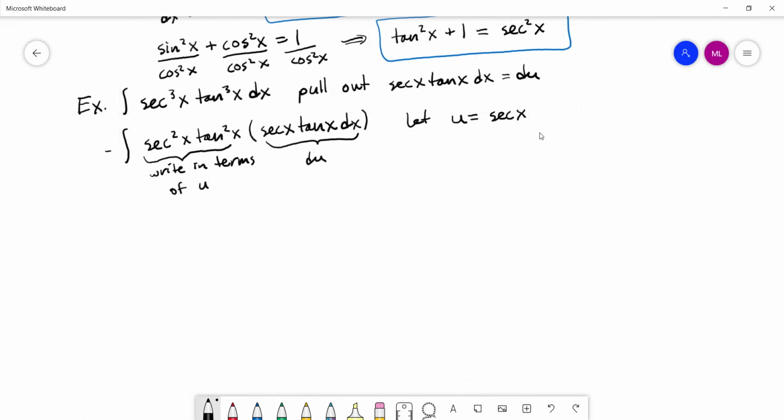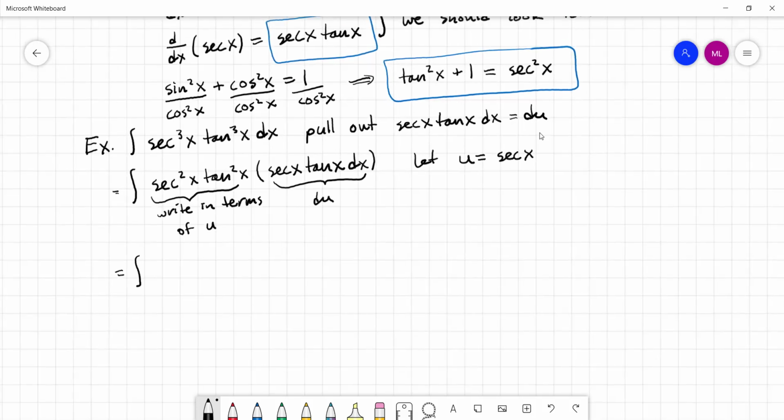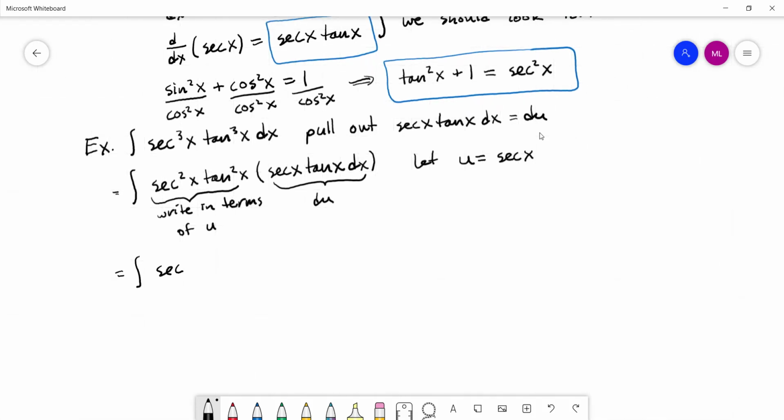My secant squared term is going to stick around, but for tangent squared, I'm going to use the Pythagorean identity to isolate the tangent squared. To get the tangent squared by itself, I subtract 1 from both sides, and I'm left with secant squared of x minus 1.